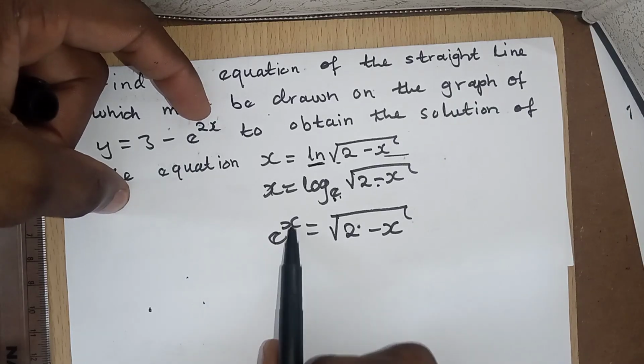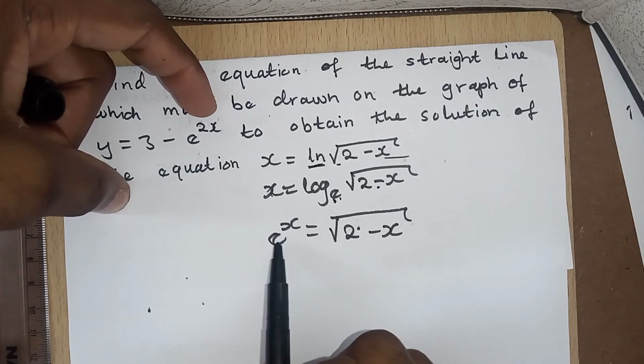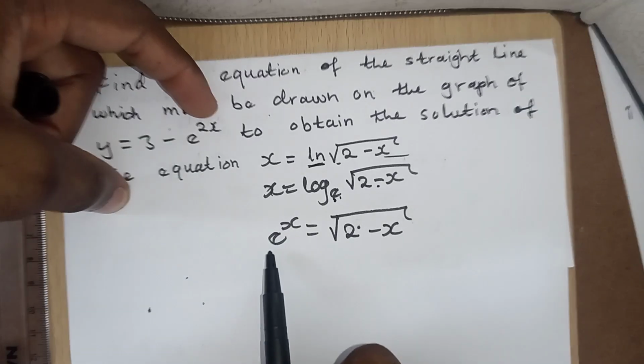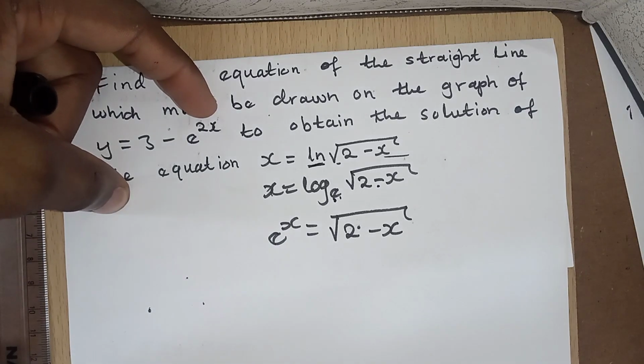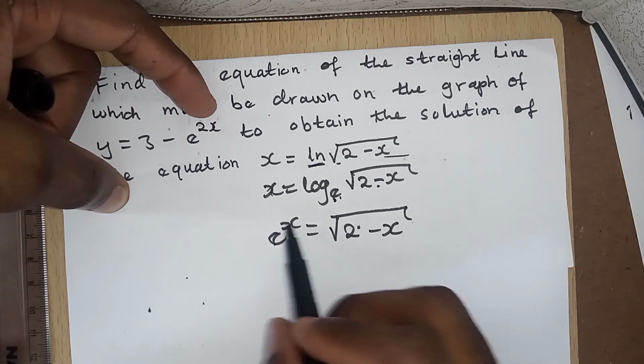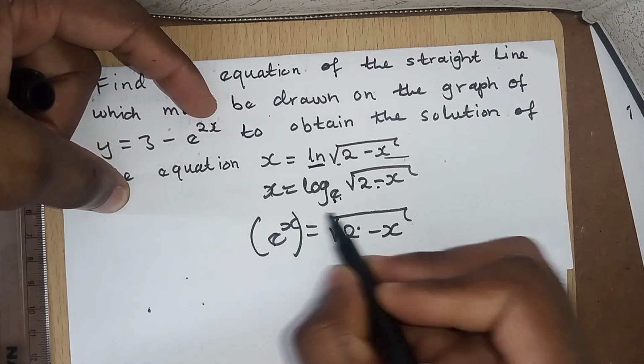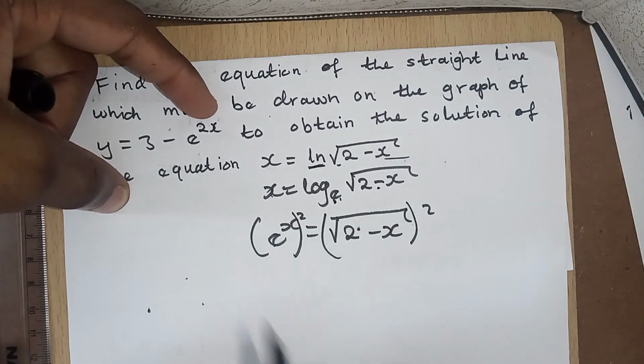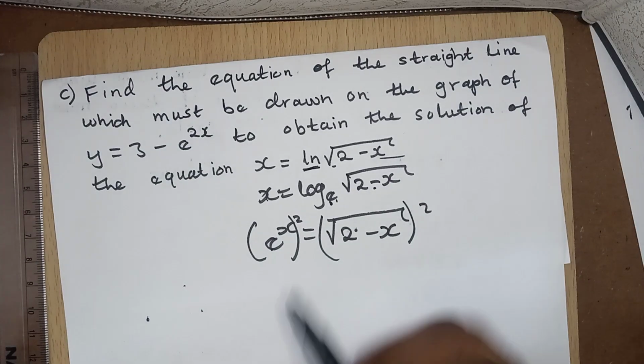We have an e, but it's not the e we want, because this is e to the power 2x and then this is e to the power x. So to make this e to the power 2x, I can square both sides. Remember, whatever you do on the left hand side must be done on the right hand side too.